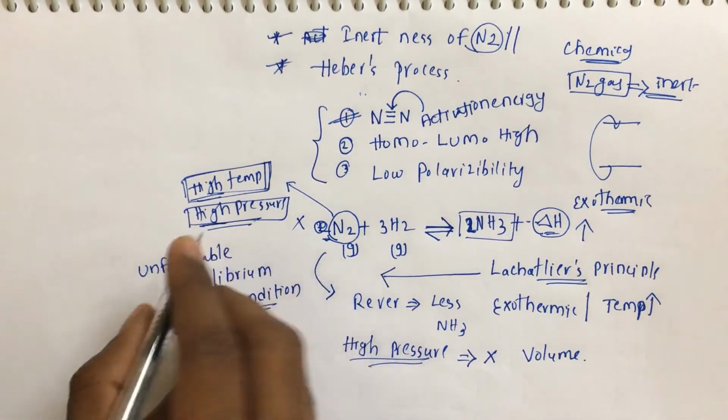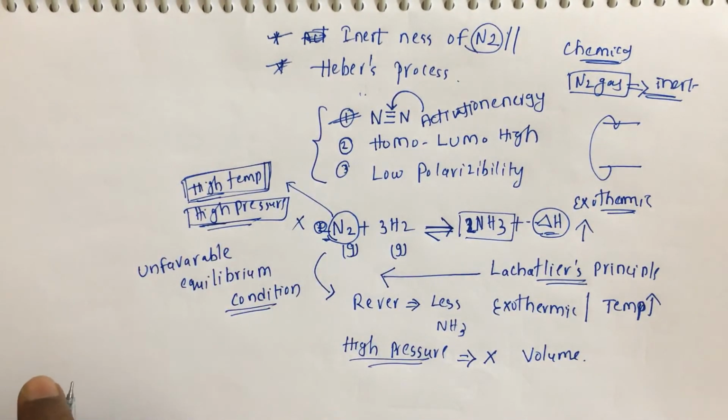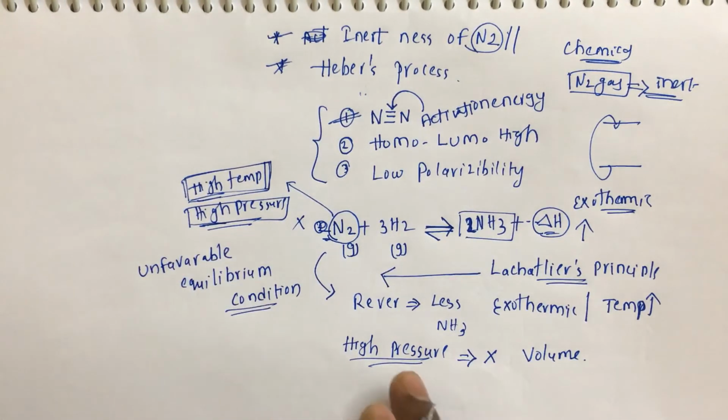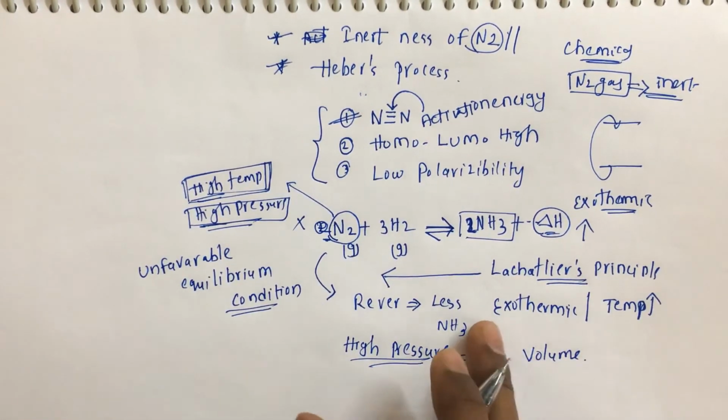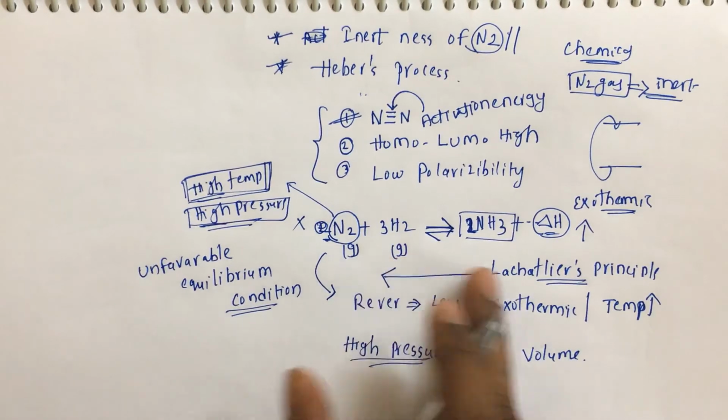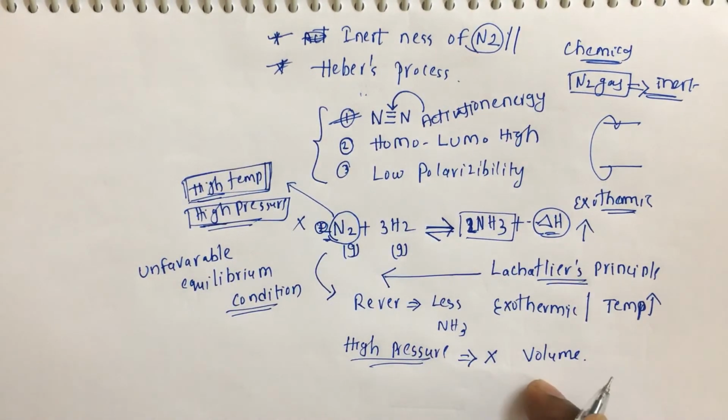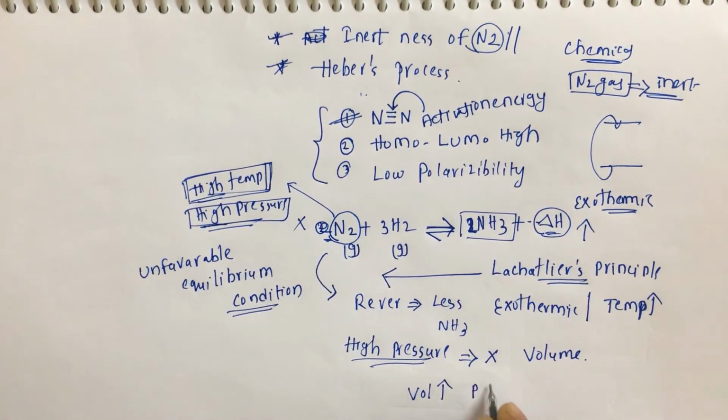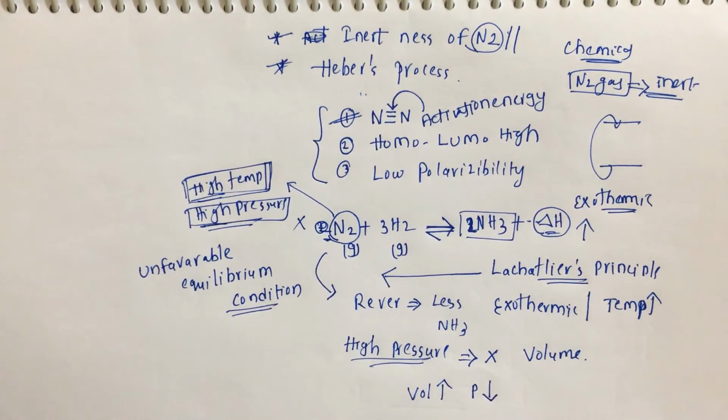How can we overcome this? By using high pressure. But I said that pressure doesn't have much effect on the equilibrium constant, but with respect to volume there is some effect. We know that if volume increases, pressure decreases.